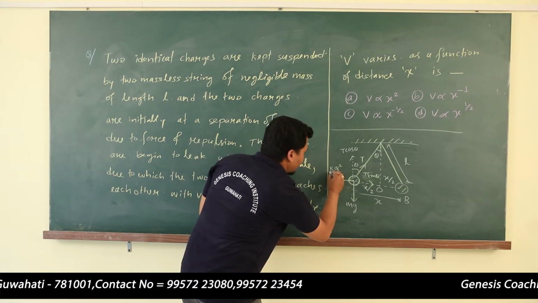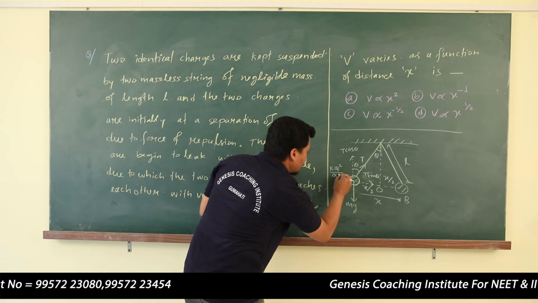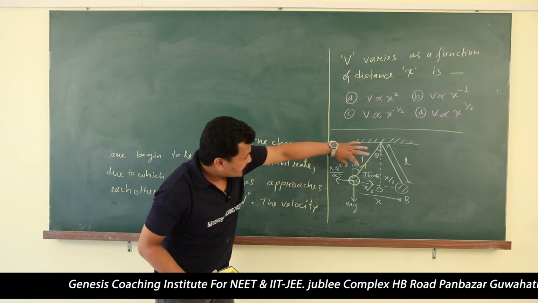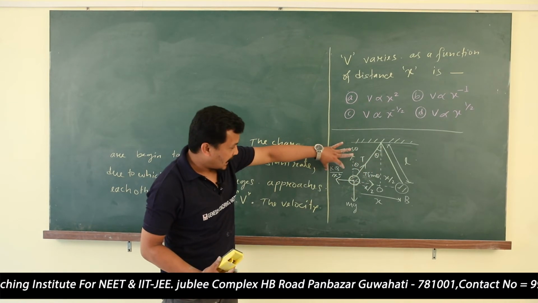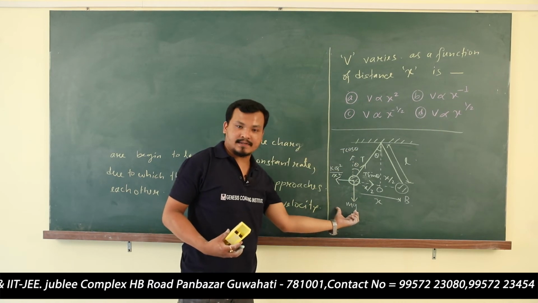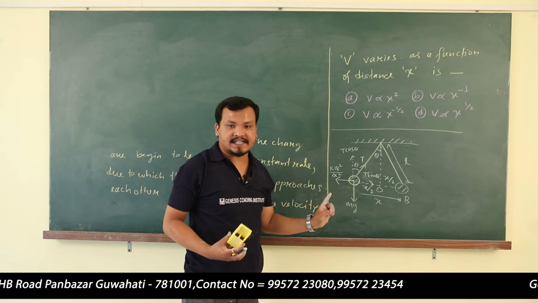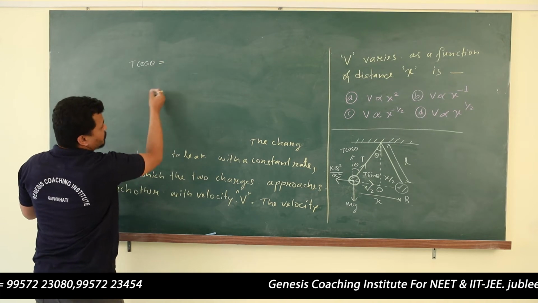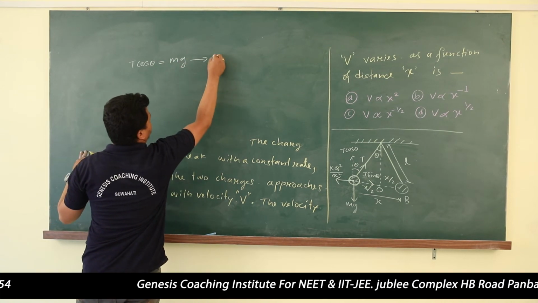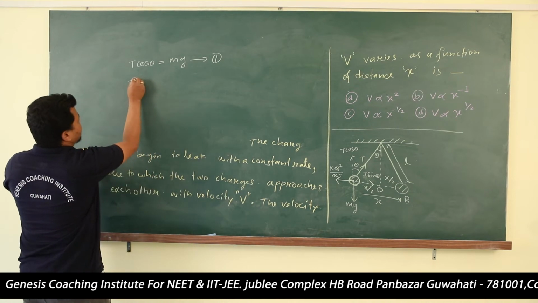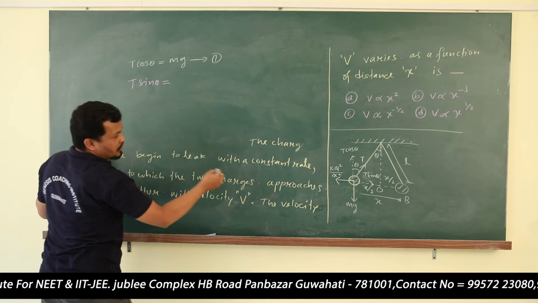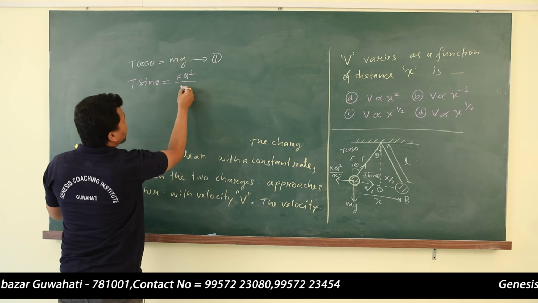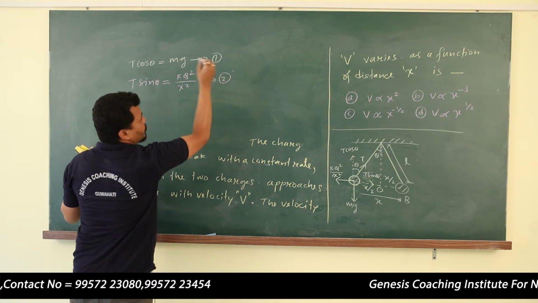According to the geometry, this component is balanced by the repulsive force and this component is balanced by the weight. So in equilibrium, T cos theta equals mg, equation 1, and T sin theta equals k q square by x square, equation 2.